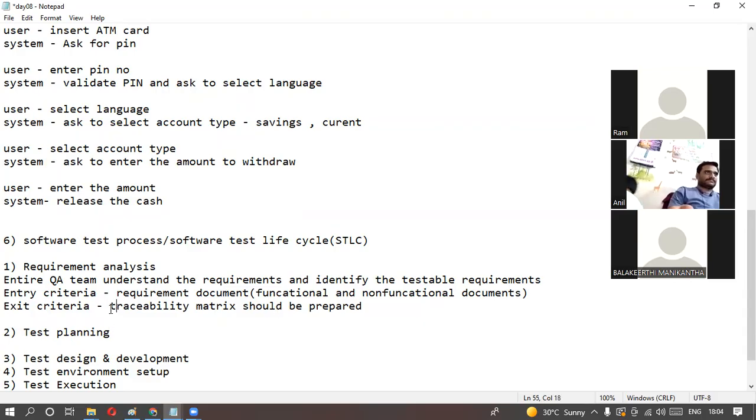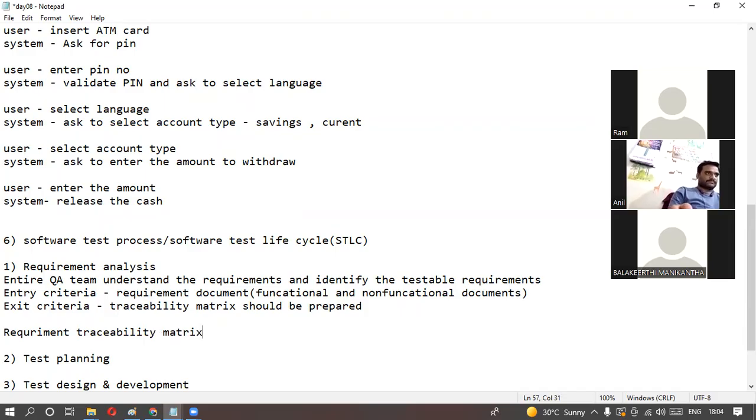Do you understand what is traceability matrix? Requirement traceability matrix is nothing but RTM. They will ask in interview question, what is RTM or what is traceability matrix?